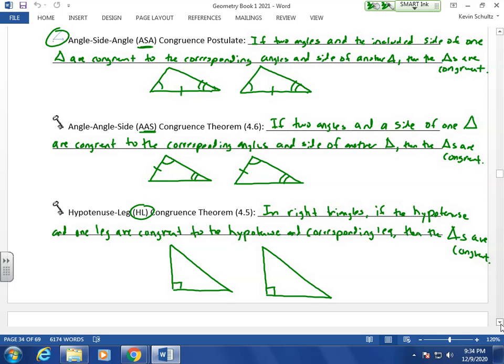That's one of the three pieces that we need there. So if the hypotenuse, which is that side opposite the right angle, and one of the legs, we'll pick the bottom one here, are congruent, then the triangles are congruent themselves.